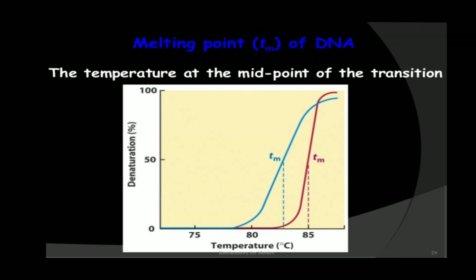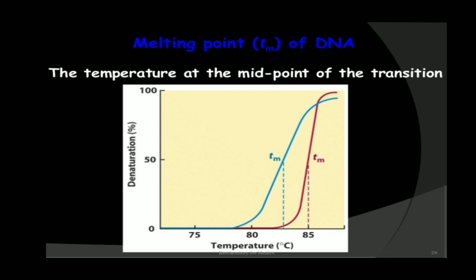Then we will see the melting point of DNA. This graph shows the denaturation percentage of DNA against the temperature. Here you can see the temperature at the midpoint of the transition, which is denoted by Tm, right? That is the melting point of DNA. As the temperature increases, the DNA melts.